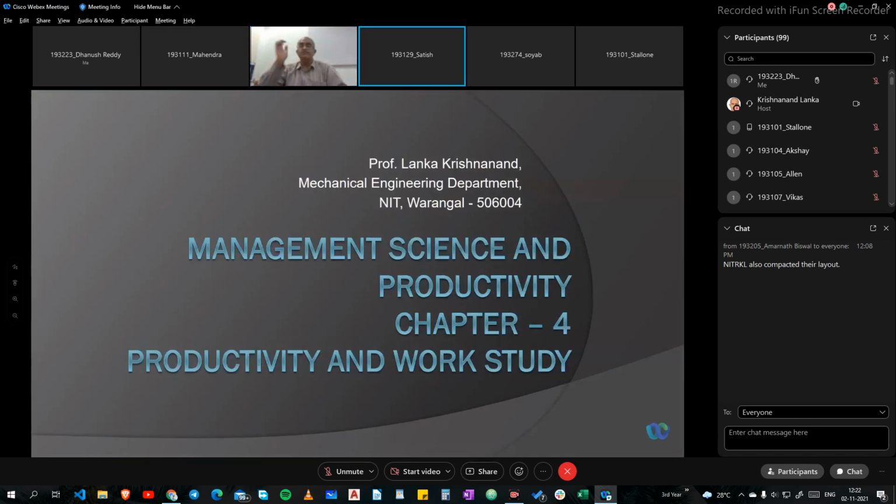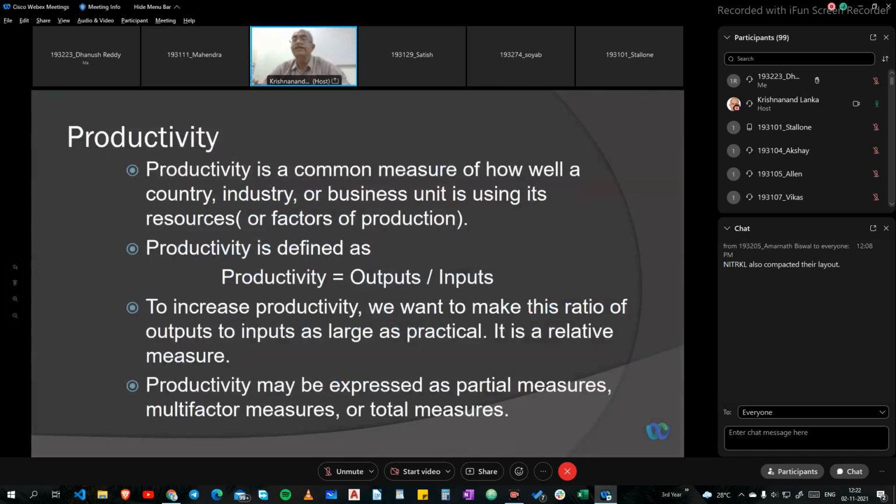So what is this productivity? It is defined something like this. What we are seeing here is that productivity is a common measure of how well a country, industry, or business unit is using its resources or factors of production.